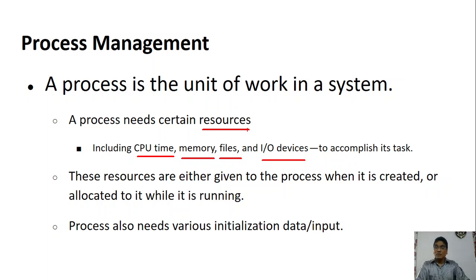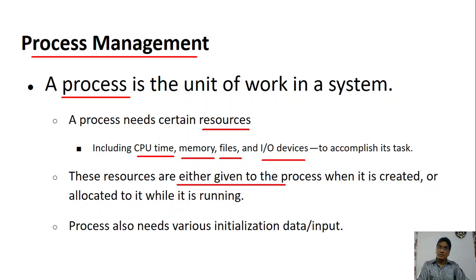So who is going to provide those resources to your process? Naturally, this is done by process management. The work of process management is to provide these resources to your process. When is it going to give them?